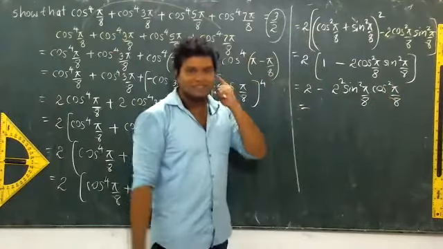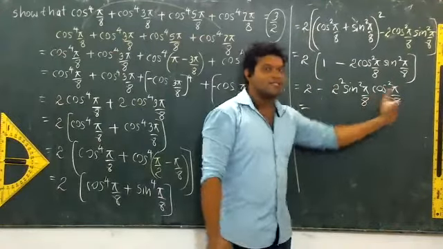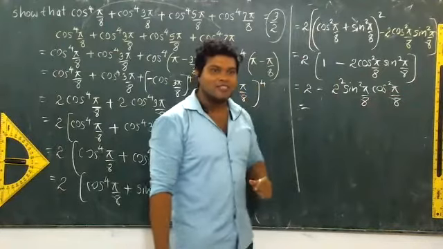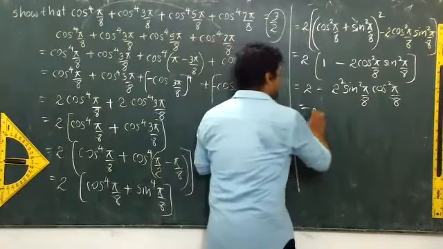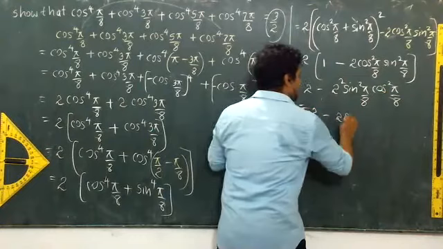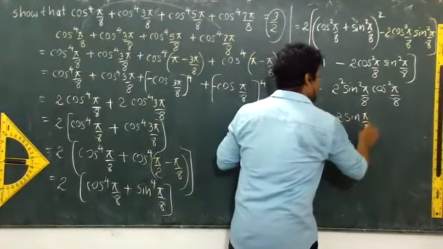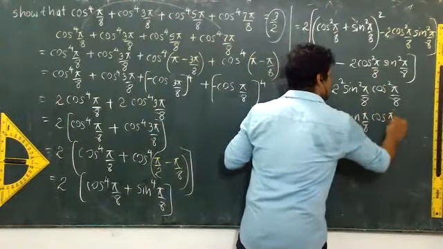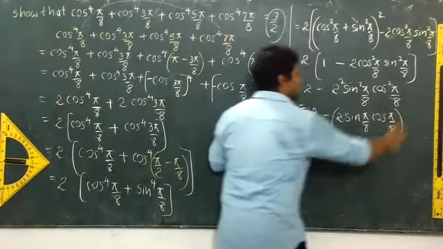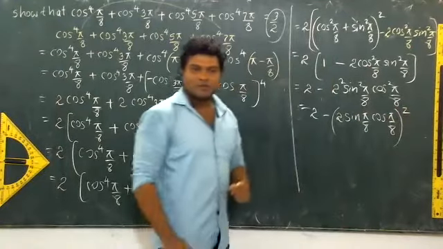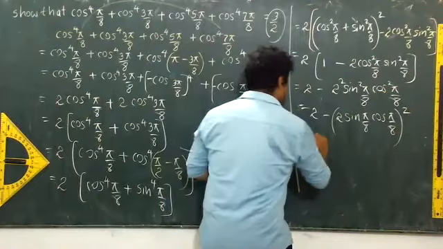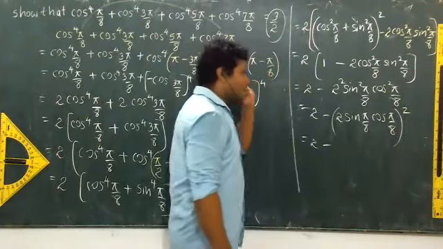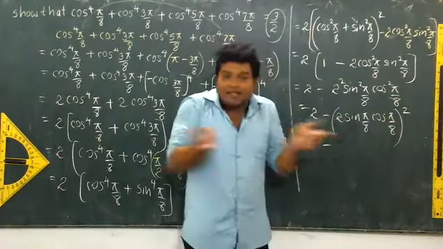You know the reason, because 2 sine cos is sine 2 theta. Then if I indicate further, sine 5π/8 cos 5π/8 can be written with common power 2. Now 2 sine theta cos theta, we can concise that.